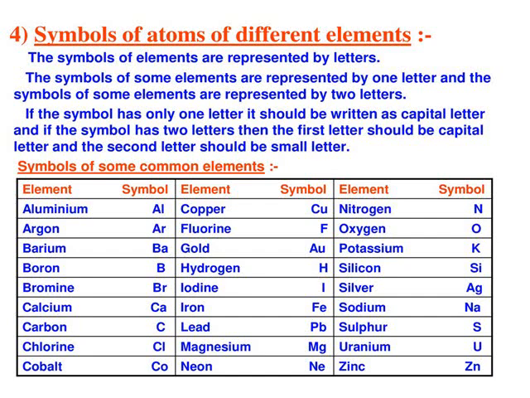Aluminum Al, argon Ar, barium Ba, boron B, bromine Br, calcium Ca, carbon C, chlorine Cl, cobalt Co, copper Cu, fluorine F, gold Au, hydrogen H, iodine I, iron Fe, lead Pb, magnesium Mg, neon Ne, nitrogen N, oxygen O, potassium K, silicon Si, silver Ag, sodium Na, sulfur S, uranium U, zinc Zn.